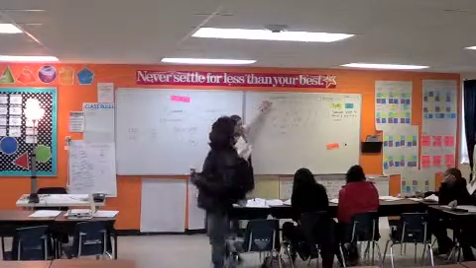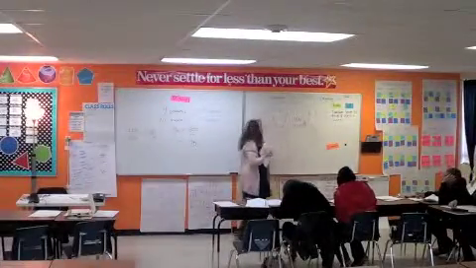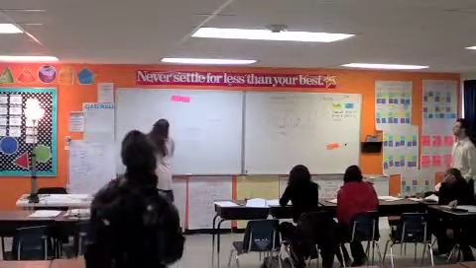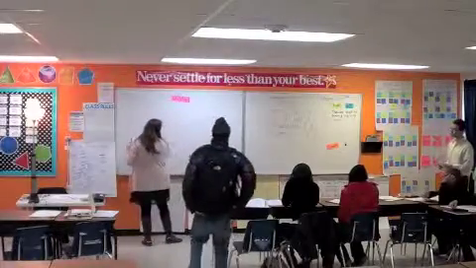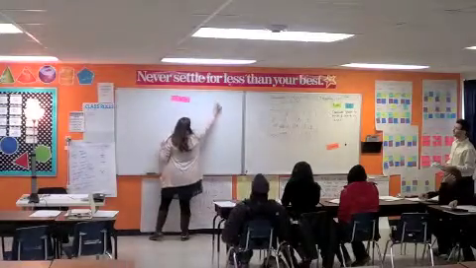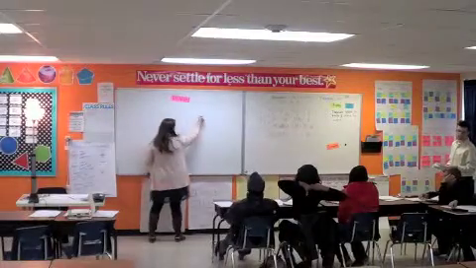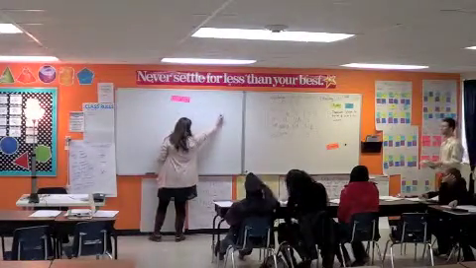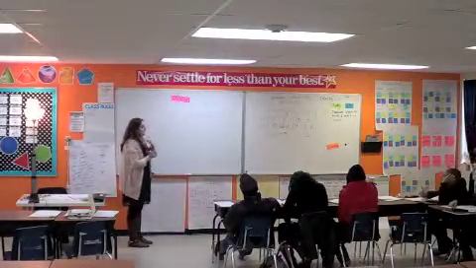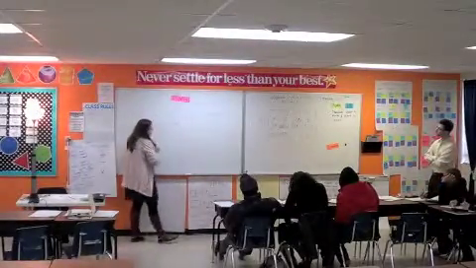D equals R times T. So I'm going to write D equals 105 times T. I'm going to write it over here. What is the equation I'm going to have for the first one? Very good. I'll go a little down here. Yes, this is the show work section. What is the second row's equation?